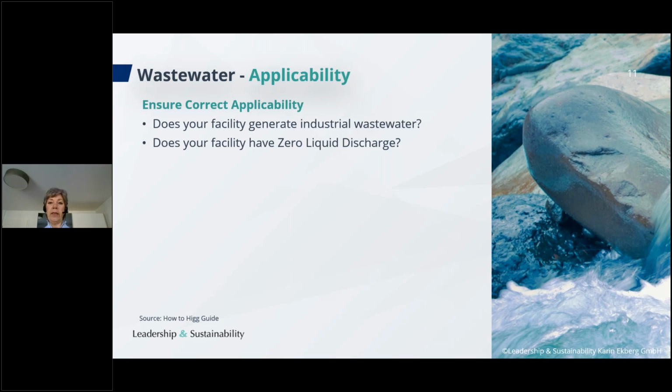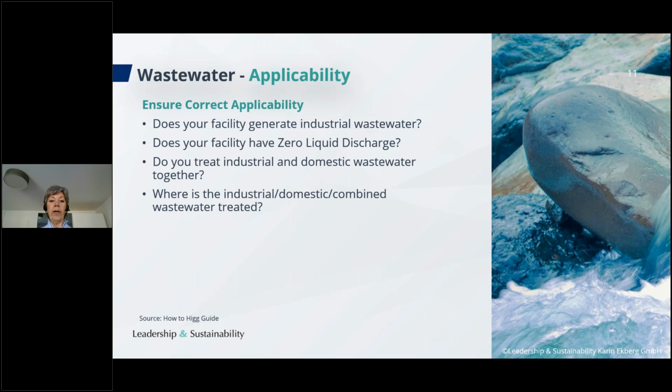We will explain later what zero liquid discharge is, but it is basically a recycling of all water. So this means really you have no water that is discharged from your facility after your processes. And then the next question is, do you treat industrial and domestic wastewater together? Yes or no? And where is your wastewater treated?